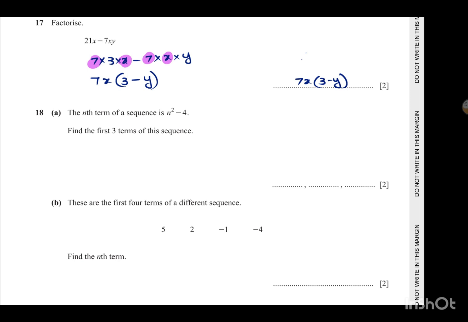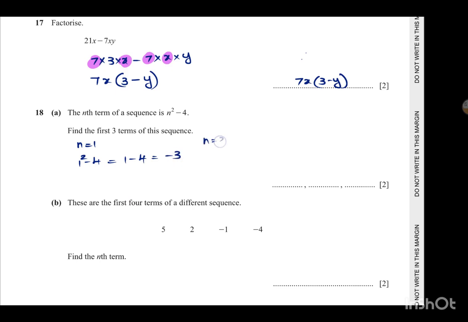Question number 18. The nth term of a sequence is n square minus 4. Find the first 3 terms of this sequence. So first 3 terms means we have to take n value 1. This is the first term. So 1 square minus 4 will be 1 minus 4 is equal to minus 3.